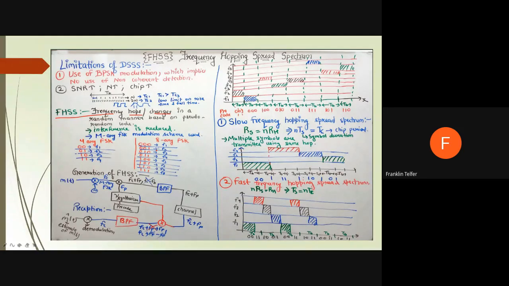So you are going to change the frequency randomly, in respect with the PN sequence code. So next one is the interference is reduced in the FHSS. So you have some gap between the sequence. So it makes sure no two frequencies get overlapped with each other.